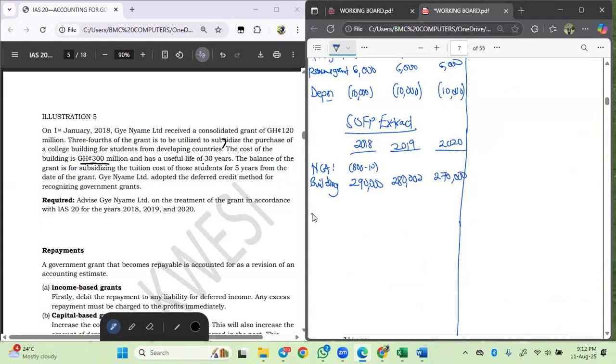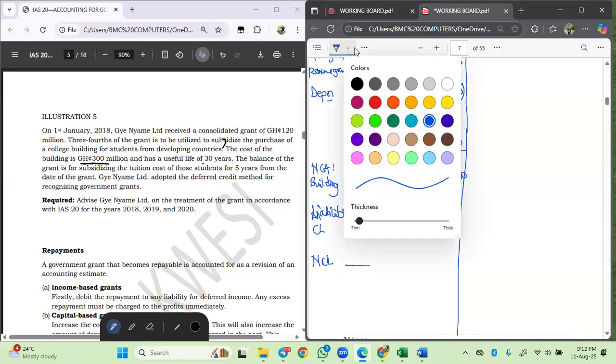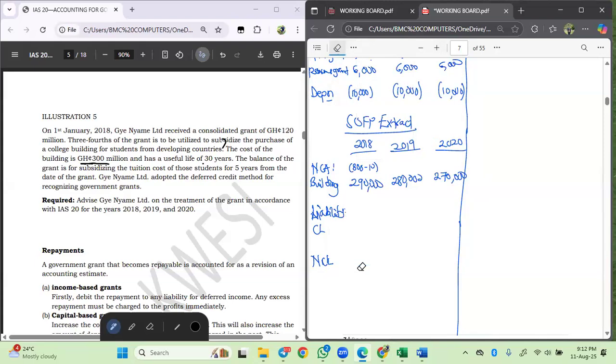Now let's look at the liability aspect. We are going to split it into current portion and non-current liability. There's no need for us to add them, because it will confuse us, since this one involves capital and revenue. It's not just revenue or capital.